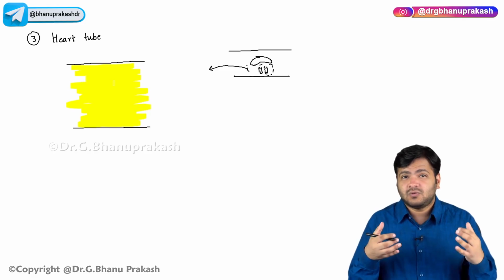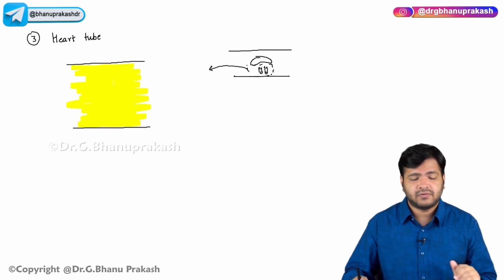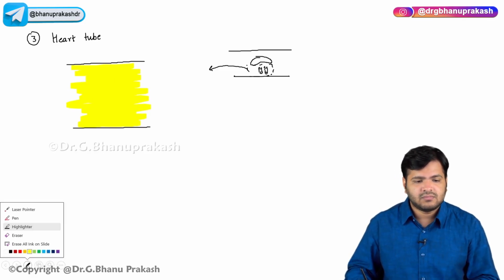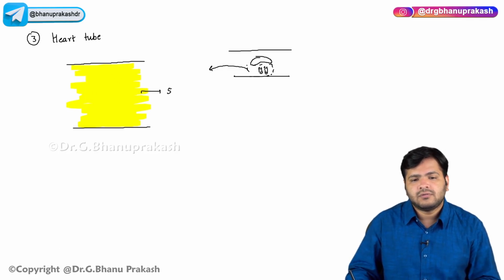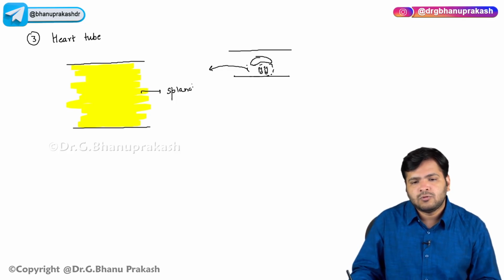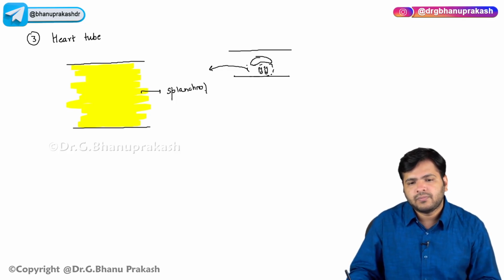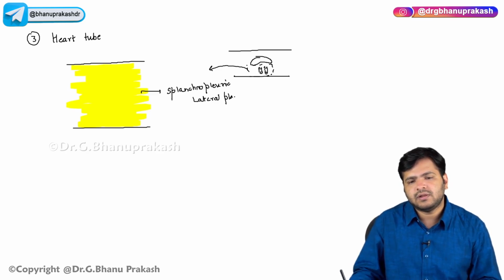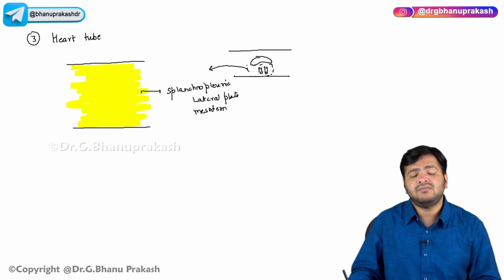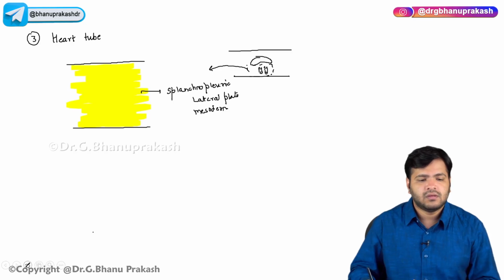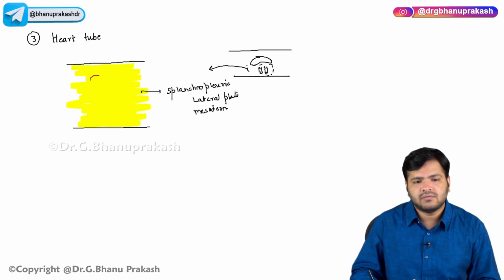Splanchno means visceral, towards the endoderm, right? So this is the splanchnopleuric lateral plate mesoderm, okay, and in this you will find these two endocardial tubes, right, the heart tubes which are there.